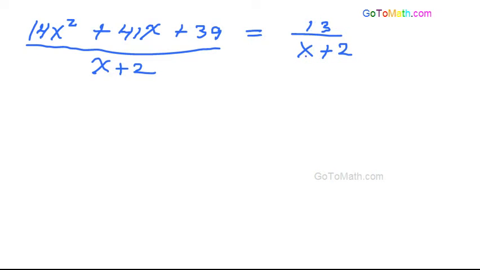Okay, so in the previous problem we had a solution that when we plugged it into the denominator we ended up getting 0. My guess is probably the same thing's going to happen here. So we need to look for probably a negative 2 as one of the solutions. That kind of helps us out, doesn't it?